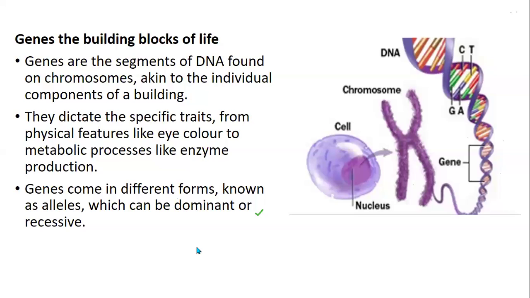Then wouldn't an arrow be like, if we are to take the trait as height, then height being represented by a capital T for tall, then small t for short, then this capital T and small t would be the arrows for the trait that is height. Then the appearance, the person being tall, that's what we would consider as a phenotype, the appearance of the organism.